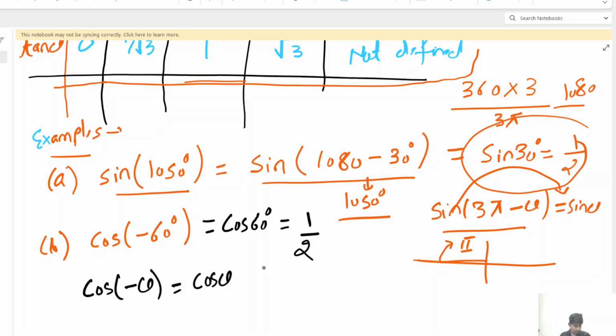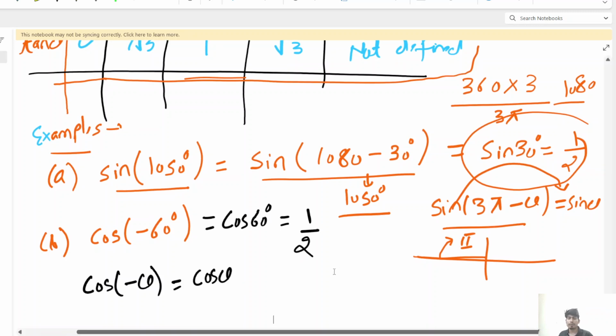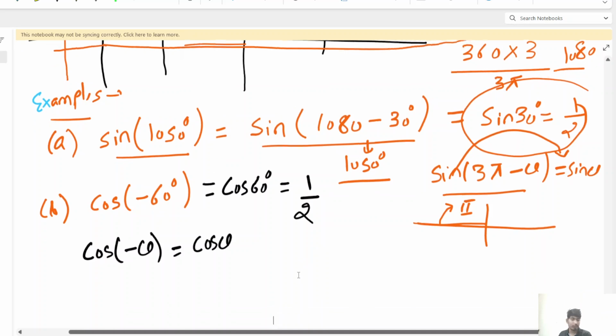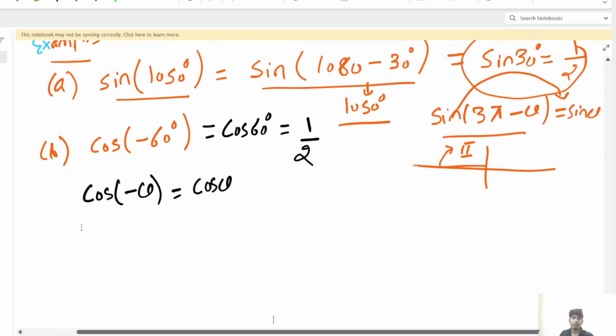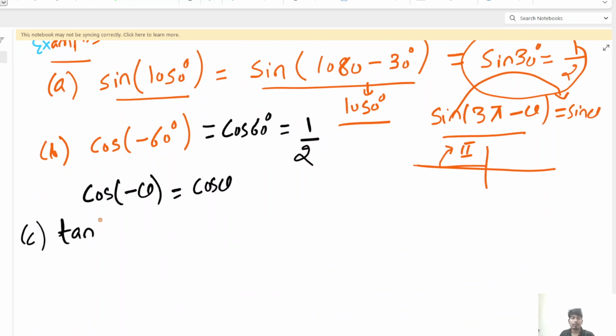Then what is next? One minute. We have to find tan of, this is our C part, tan of 41 pi upon 6. This value we have to find.